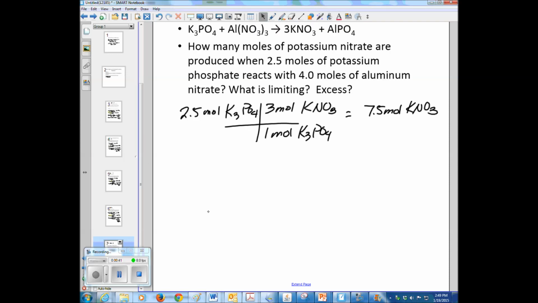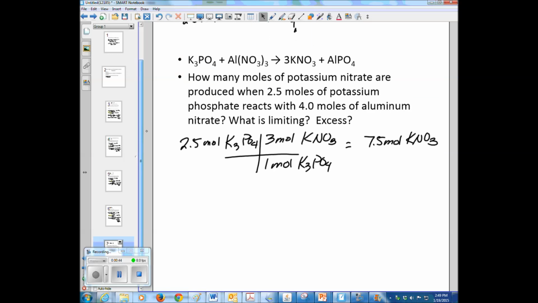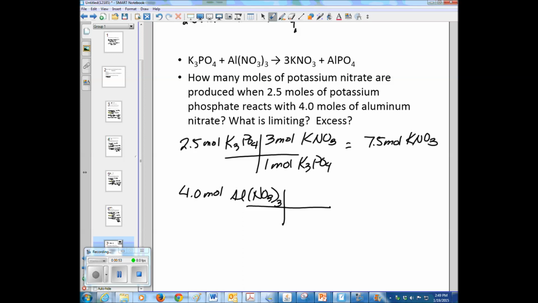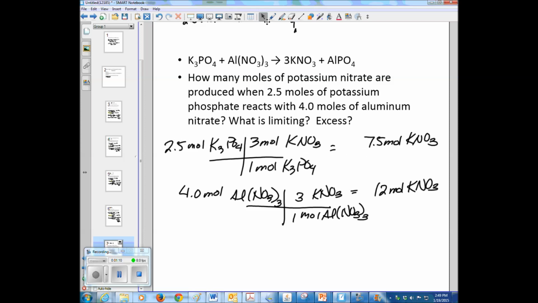Now, we'll do it again using 4 moles of aluminum nitrate. 4.0 moles of aluminum nitrate, and our ratio again is 1 to 3. So this time we get 12 moles of potassium nitrate. So our potassium phosphate is what's limiting.